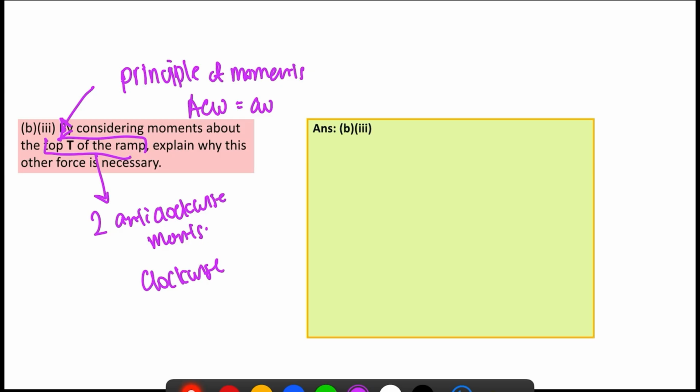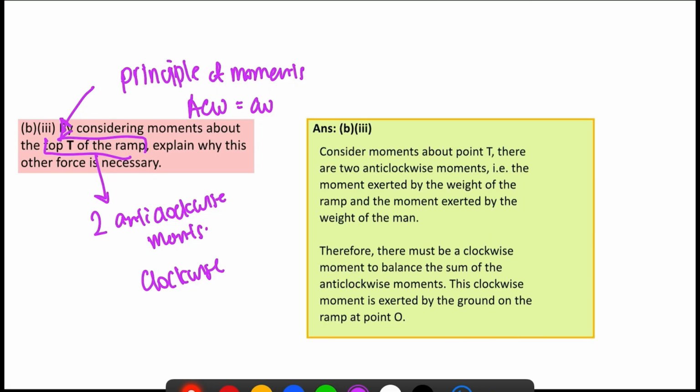So let's take a look at what the two anti-clockwise moments are. Considering moments about point T, there are two anti-clockwise moments. The first one is the moment exerted by the weight of the ramp.